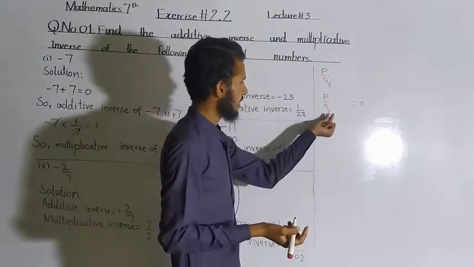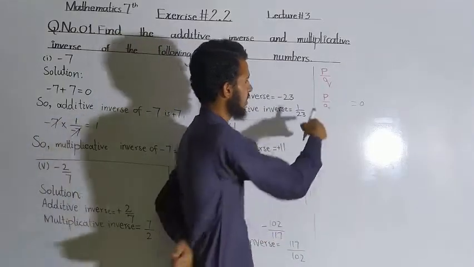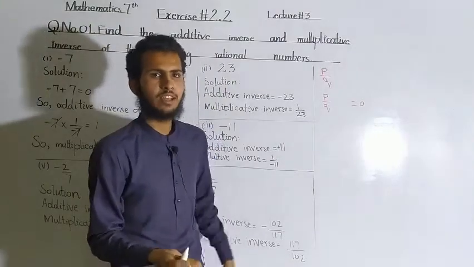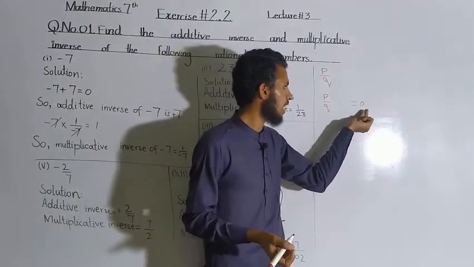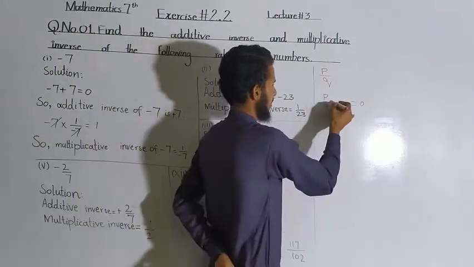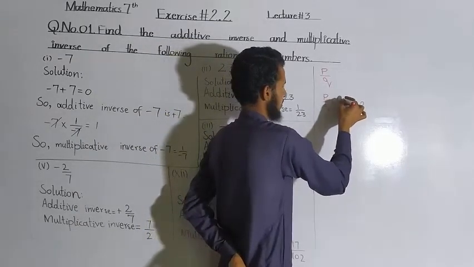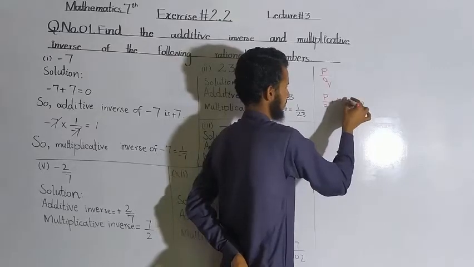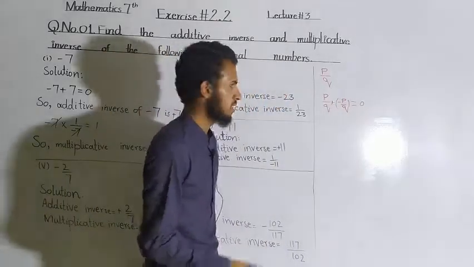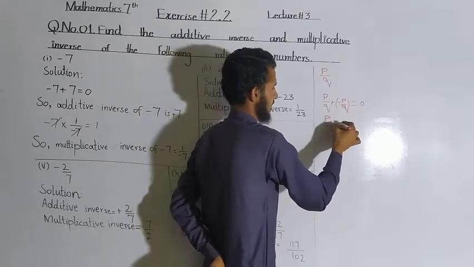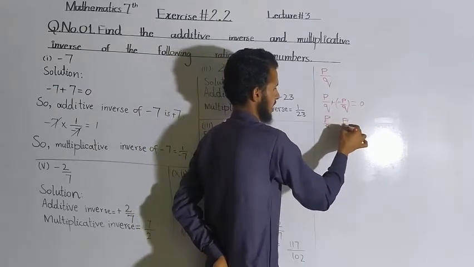So for finding the additive inverse of p by q, you add such a rational number which gives you the answer 0. If you add minus p by q, the answer will be 0. How? p by q plus minus p by q.